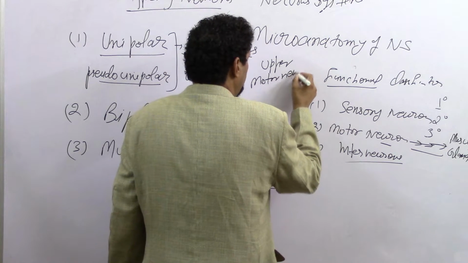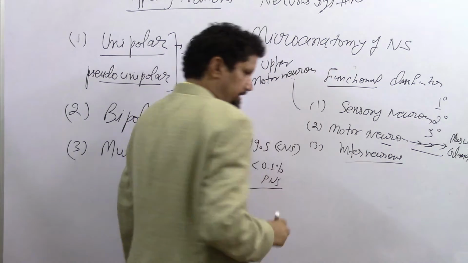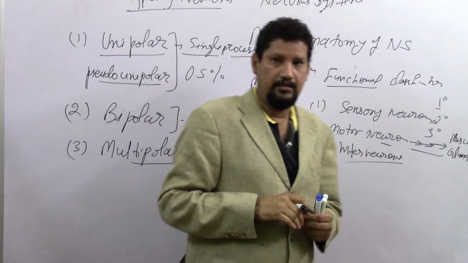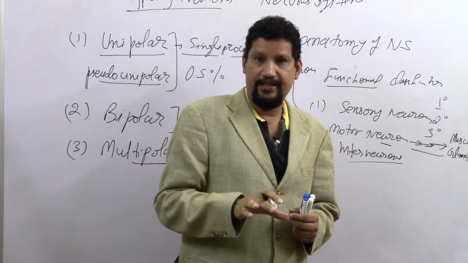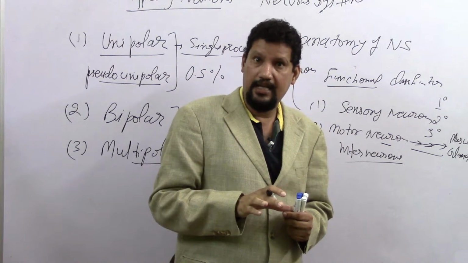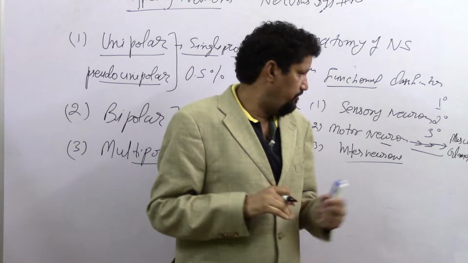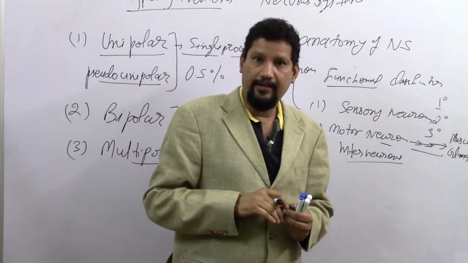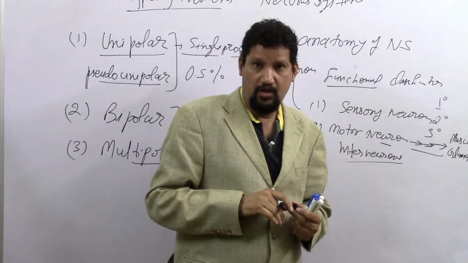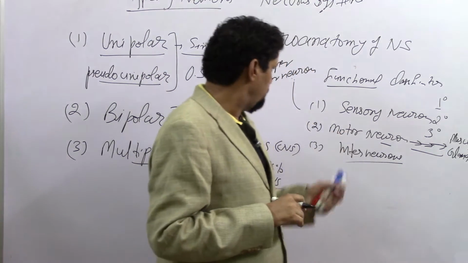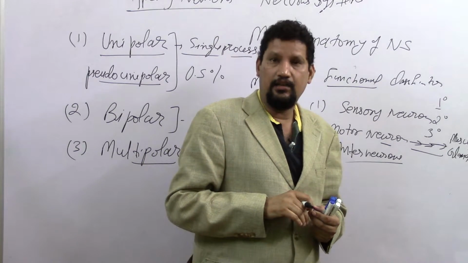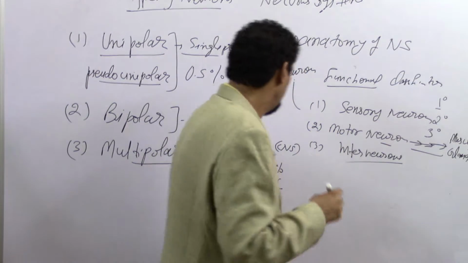Upper motor neurons, and there are motor neurons in the brainstem in form of cranial nerve nuclei, and there are nuclei for motor neurons in the ventral or anterior horn of the spinal cord. These neurons are known as lower motor neurons.